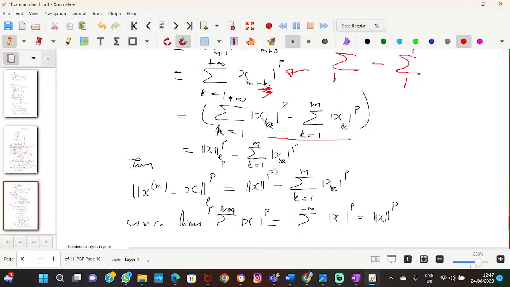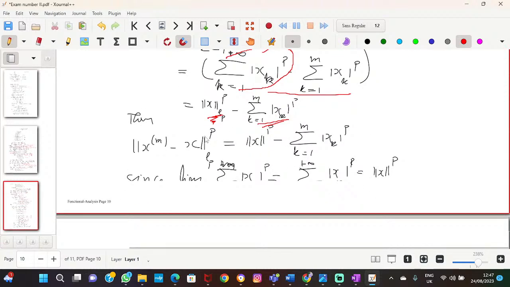When you write it like this, you remember that this first term gives you the L^p norm of x to the power p. The rest you can just write like this. And then, when you compute this, you get the L^p norm of x to the power p minus this term.